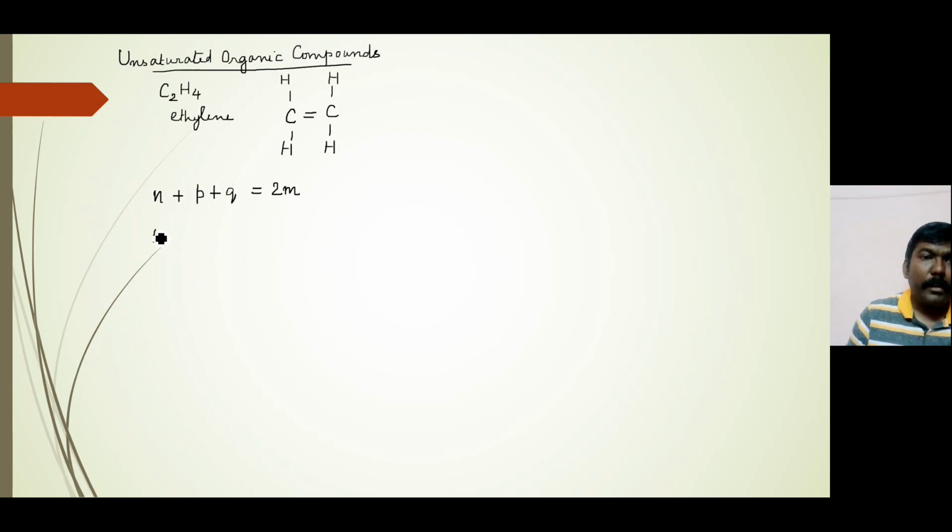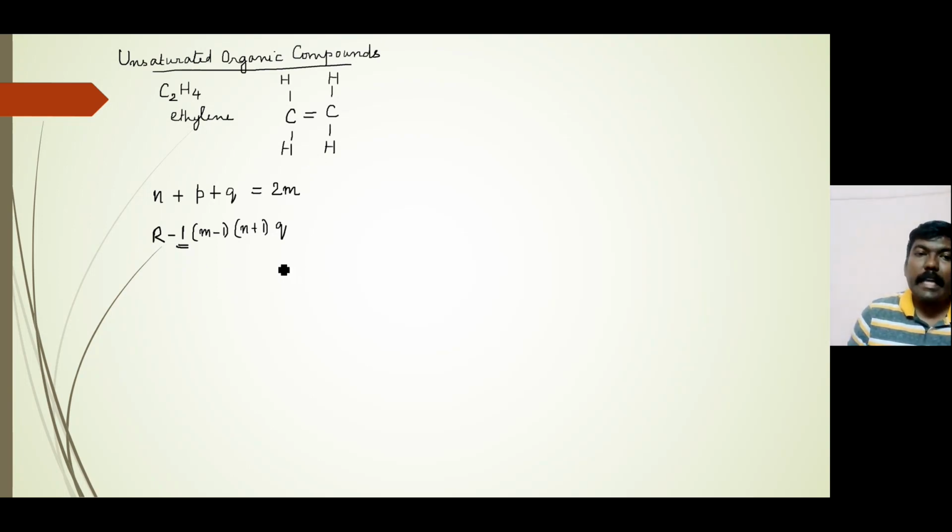So here, when it is an unsaturated organic compound, the first digit immediately after R will be 1. The moment you say it is an unsaturated organic compound, you are going to have 1. Okay, and the next digit that you are going to have is M minus 1. The next digit is N plus 1, and the next digit is Q. So for an unsaturated organic compound, you are going to have a 4-digit number.